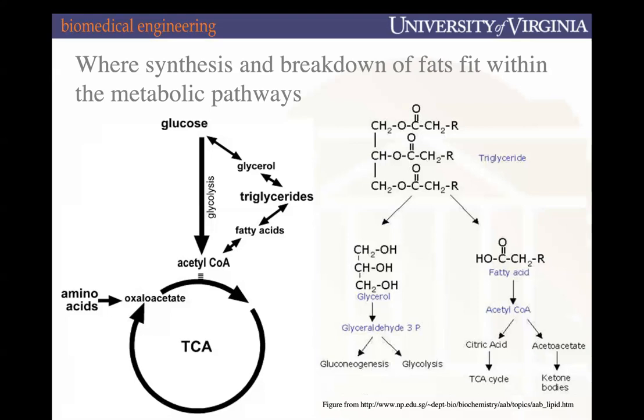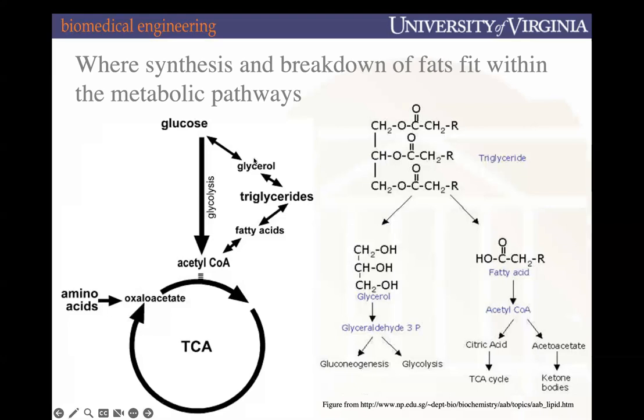And so even the backbone for these triglyceride molecules can be phosphorylated and used to enter either gluconeogenesis or glycolysis itself. What's key to note here is that if we combine glycolysis and the TCA cycle, there are multiple entry points.